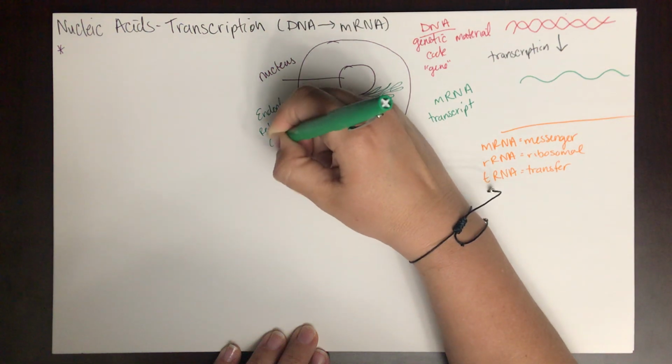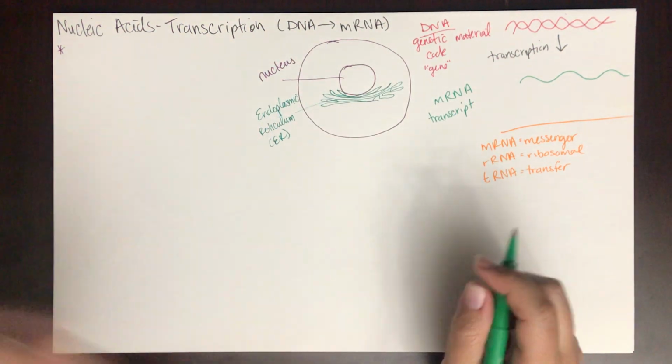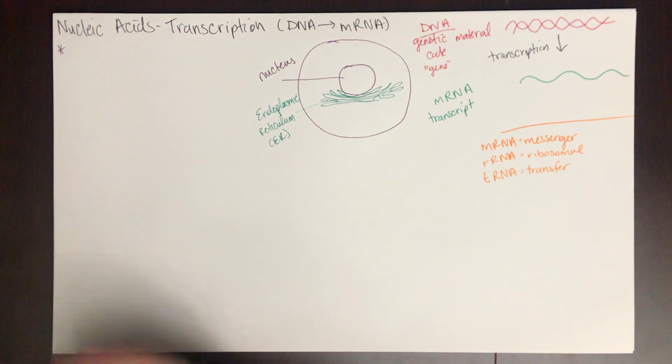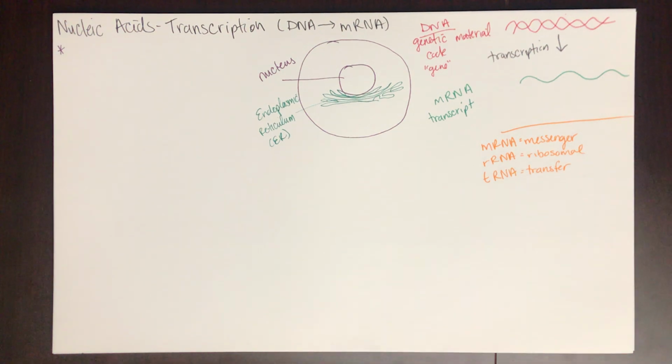Most of the time it's just called ER. There's two types of endoplasmic reticulum: smooth endoplasmic reticulum and rough endoplasmic reticulum. Rough endoplasmic reticulum is rough because it's studded with ribosomes.